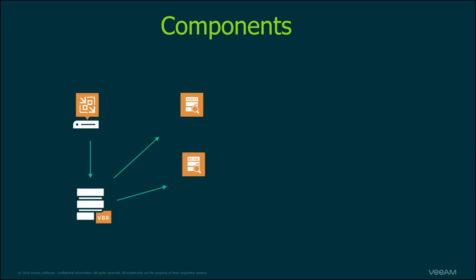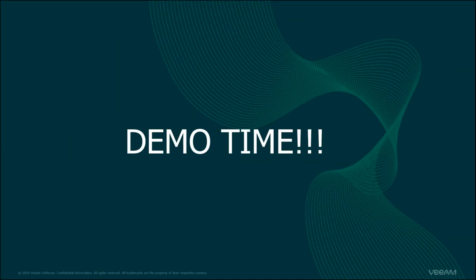You may need a SQL staging server. For more information on when you will need an Oracle or SQL staging server, please refer to the Help Center. And finally, for those other applications, we will use the virtual lab. And with that, let's jump into a demo.